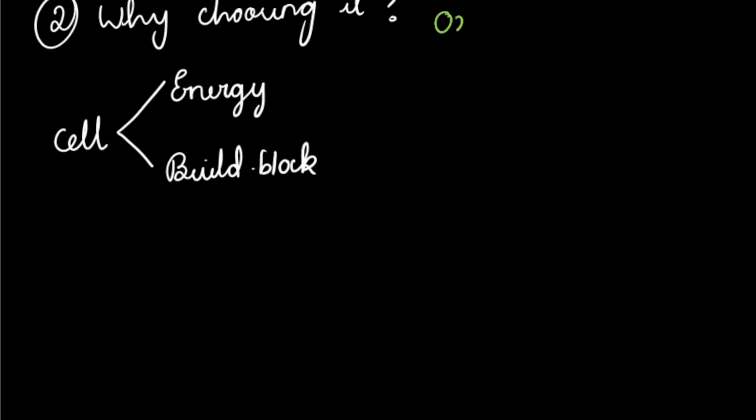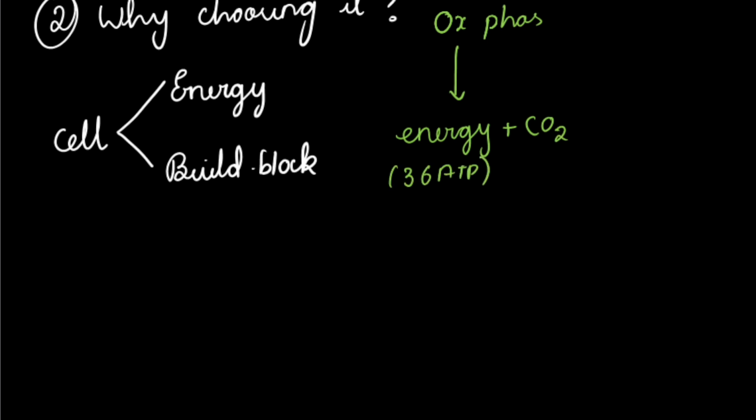In oxidative phosphorylation, the carbon present in the glucose molecule is completely metabolized to energy and carbon dioxide. This energy is the 36 ATP produced from the glucose, and the carbon dioxide produced at the end of oxidative phosphorylation gets exhaled.